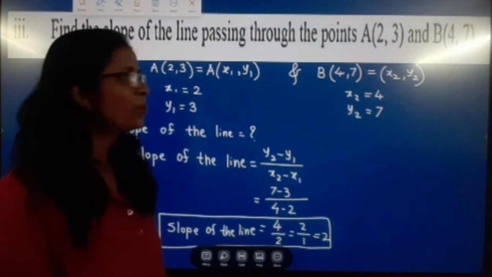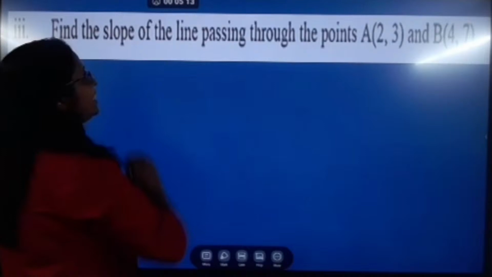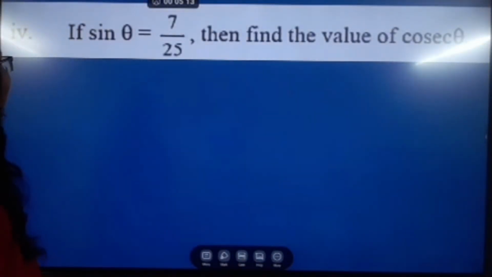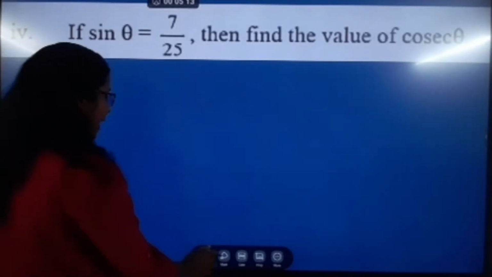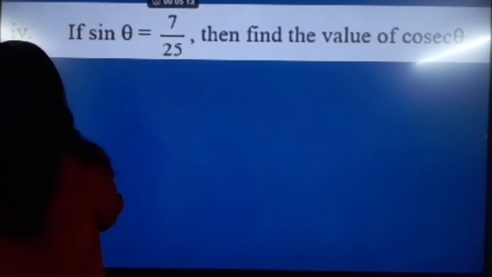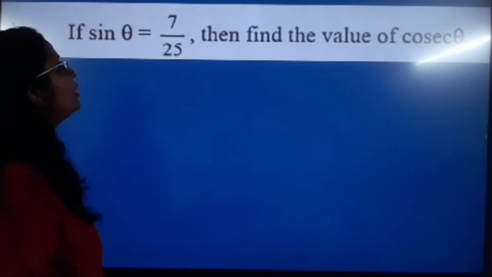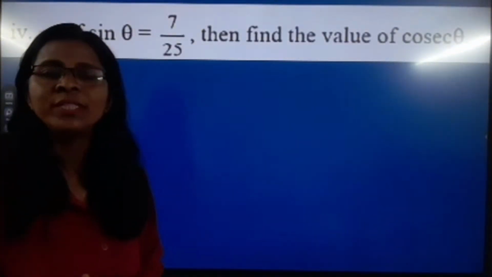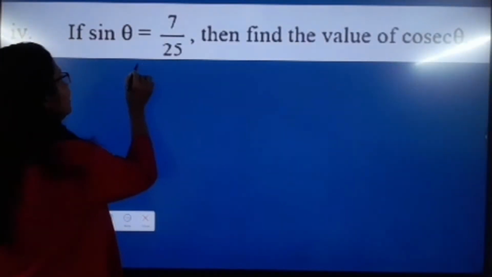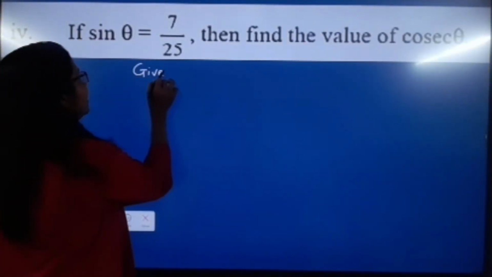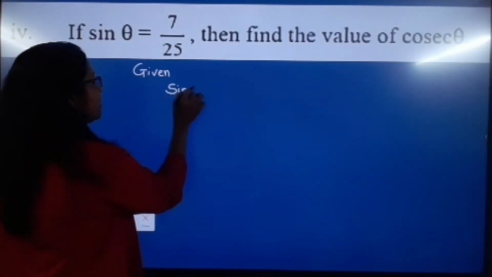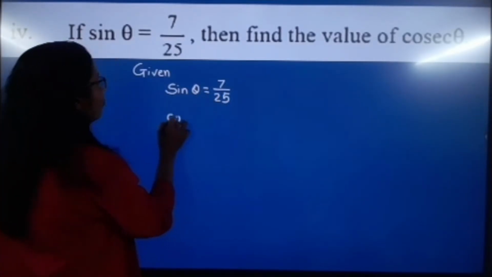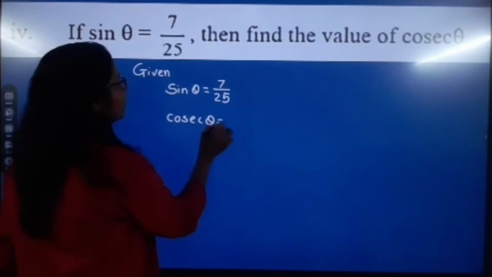Next, the fourth example: if sine theta is equal to 7 upon 25, then find the value of cosec theta. Given that sine theta is equal to 7 upon 25, we have to calculate cosec theta.